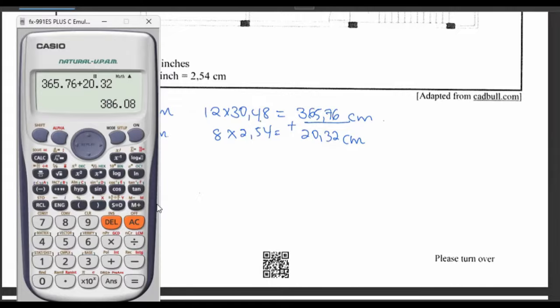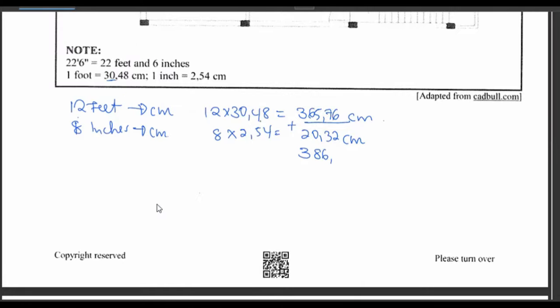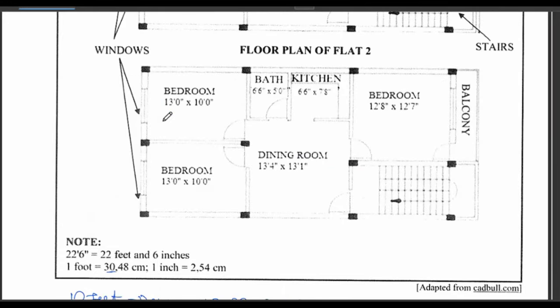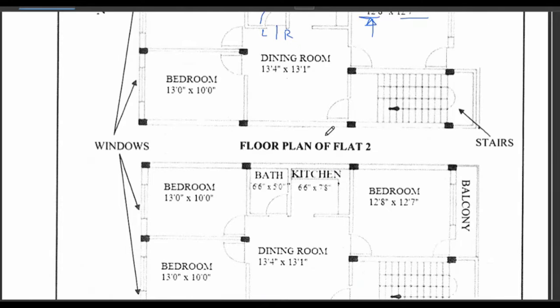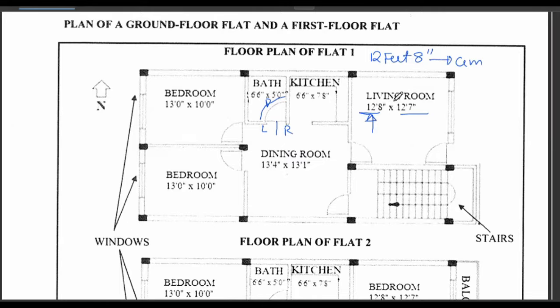The answer becomes 386,08. These are all centimeters. So this is the dimension of the longest side of the living room in centimeters. Yeah, this is the living room, not the dining room.